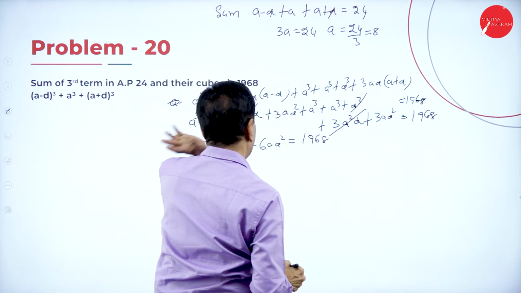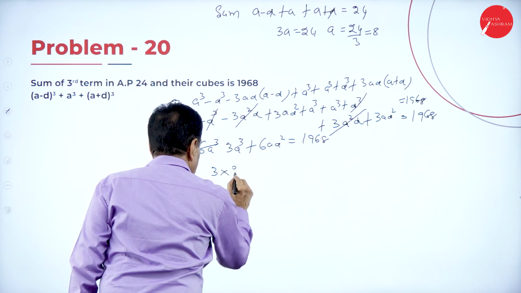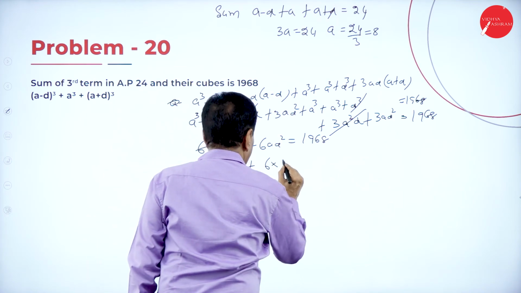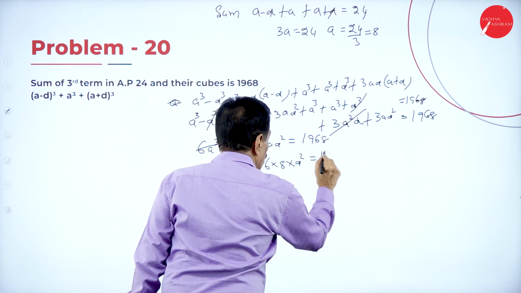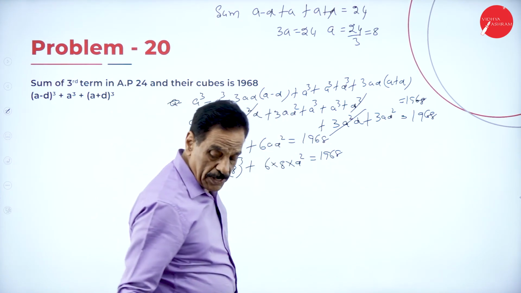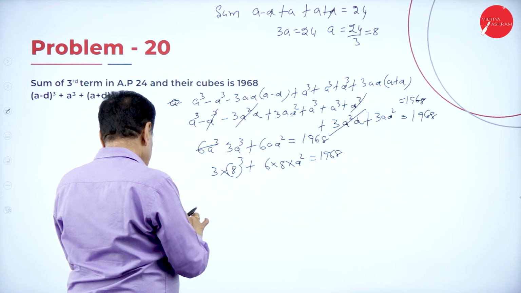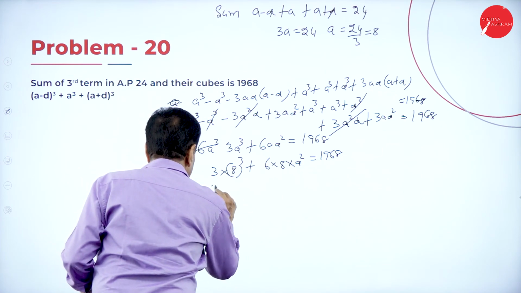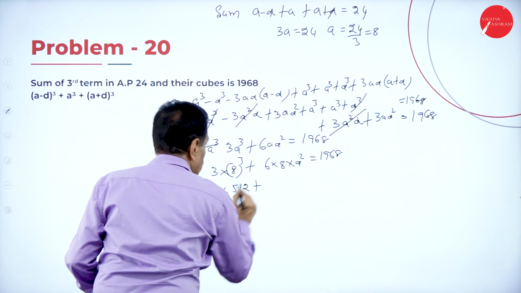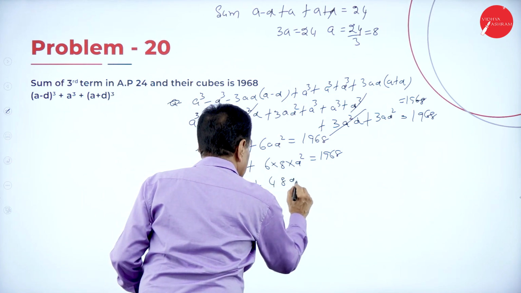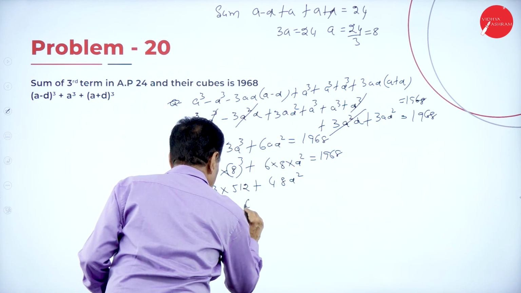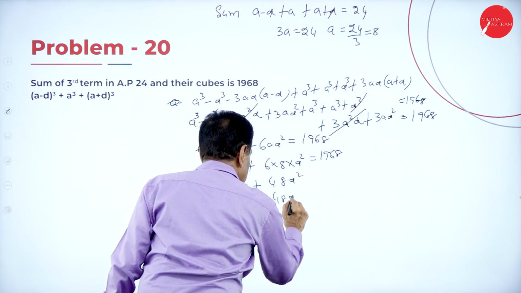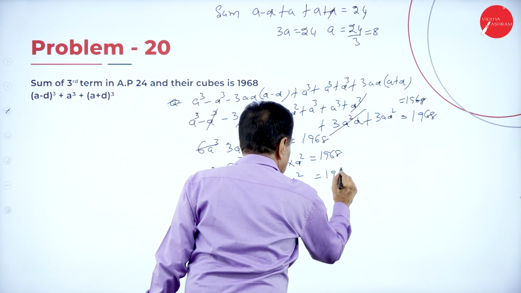What's your A? 8. 3 into 8 whole cube plus 6 into 8 into D square is 1968. 8 cube is 8 into 8 into 8, 512. 3 into 512 is 1536 plus 48 D square is equal to 1968.